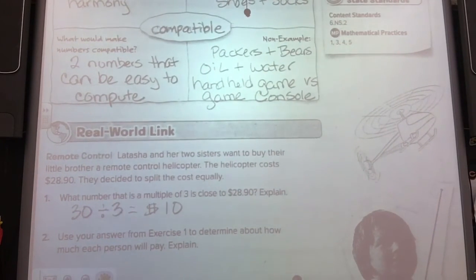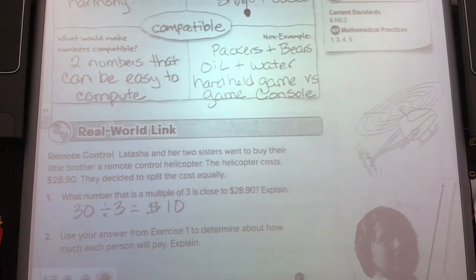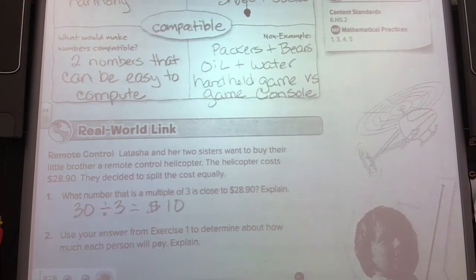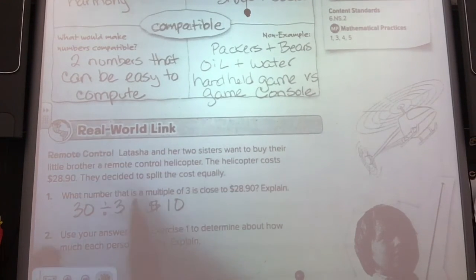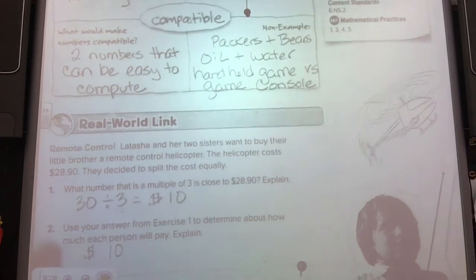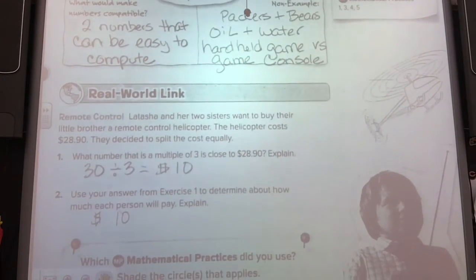It's way easier. And honestly, with tax and stuff, it's probably really close to what you would need anyway. All right, use your answer from exercise 1 to determine how much each person will pay. And we already did that. We did 30 divided by 3. And each person will pay $10. And that's fair and fair.